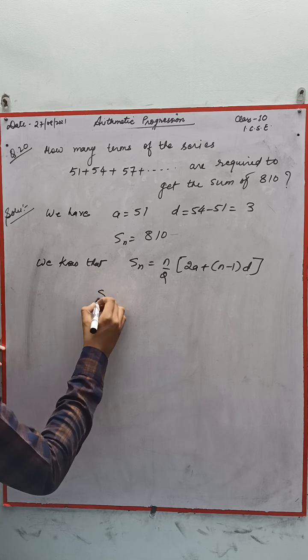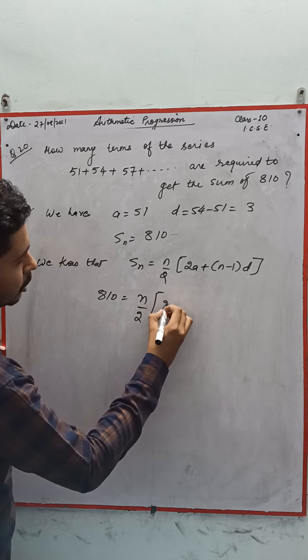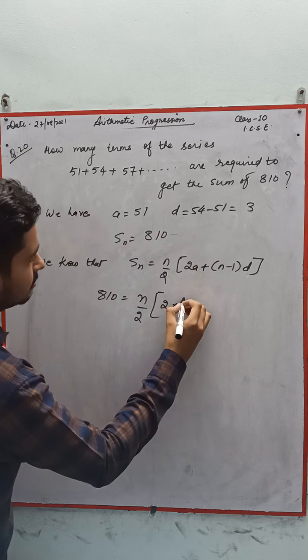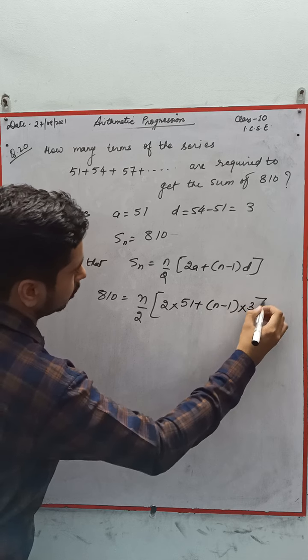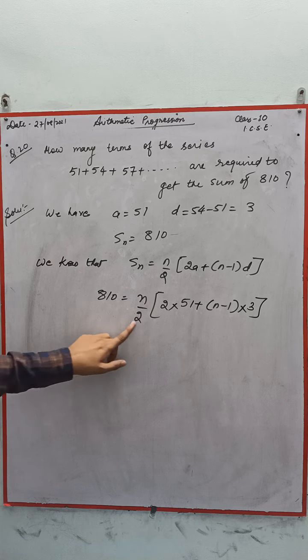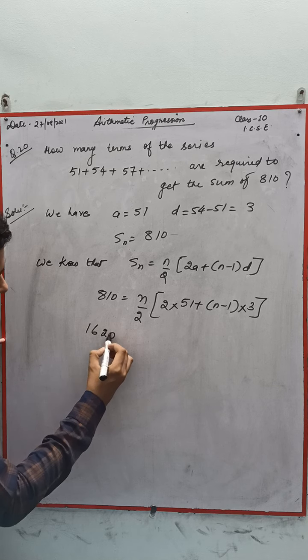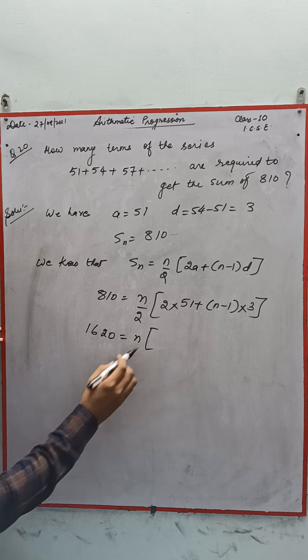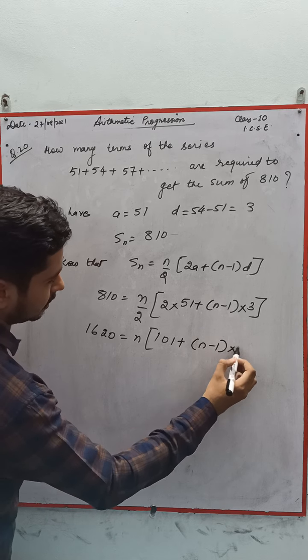So in place of Sn, we can put 810, n will be as it is. 2 into a is 102 plus n minus 1 into d, which is 3. Transpose this to here, so it will be 1620 equal to n bracket, it will be 102 plus n minus 1 into 3.